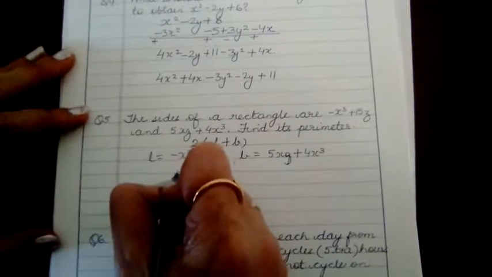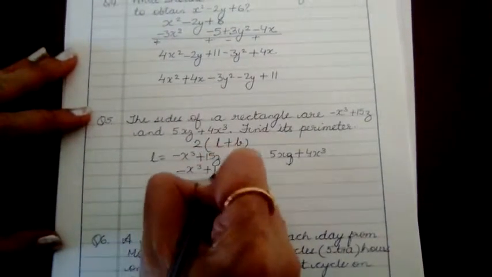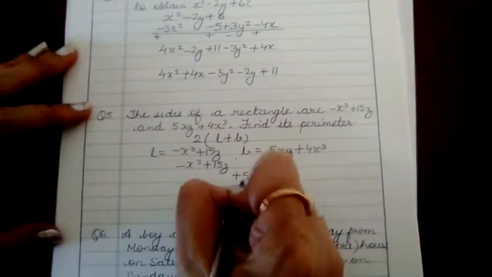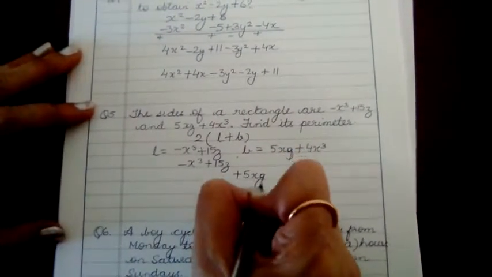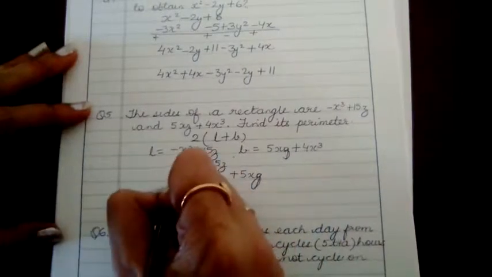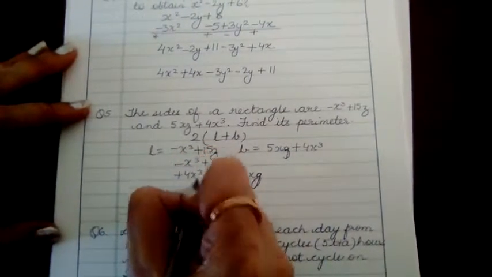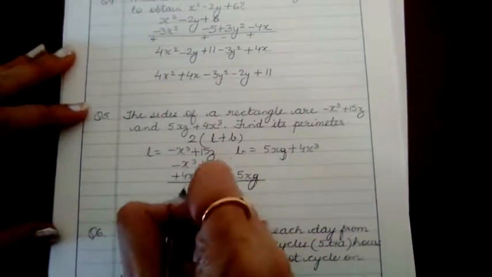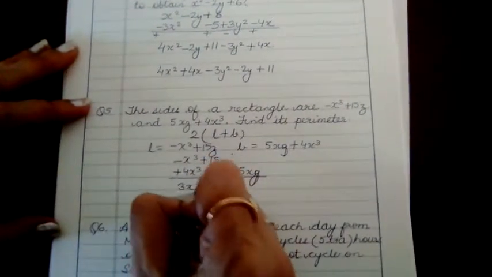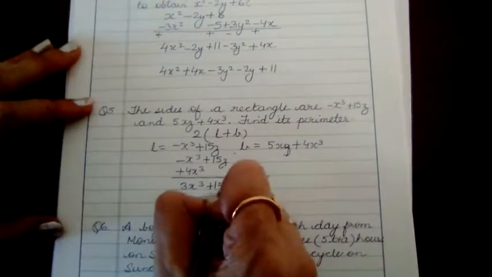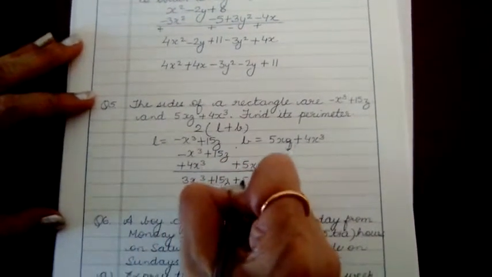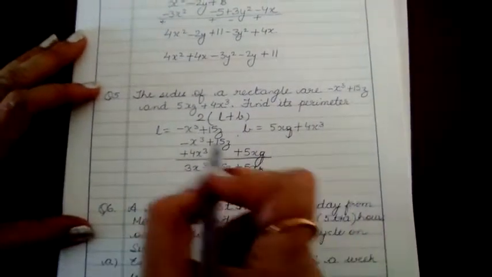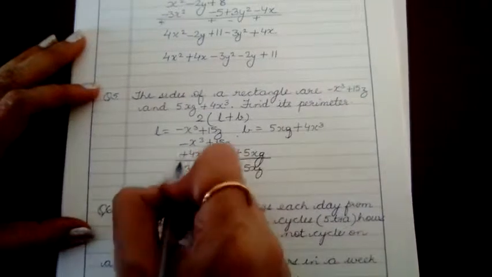So on adding minus x cube plus 15z and 5xz plus 4x cube, now we get 3x cube plus 15z plus 5xz. We just added the like terms and now we have to multiply this by 2.